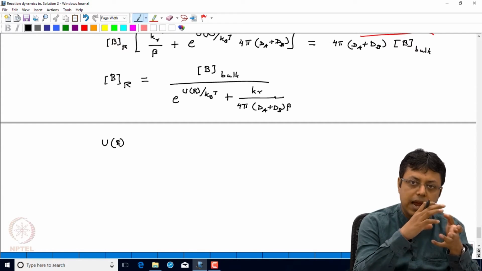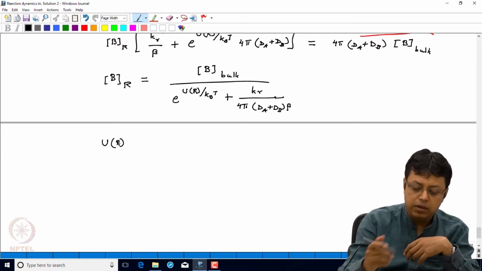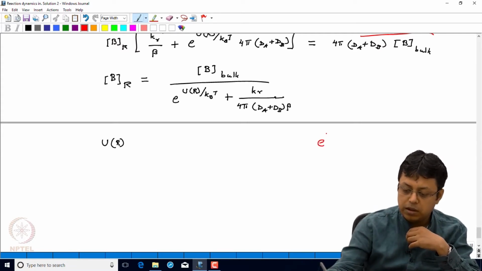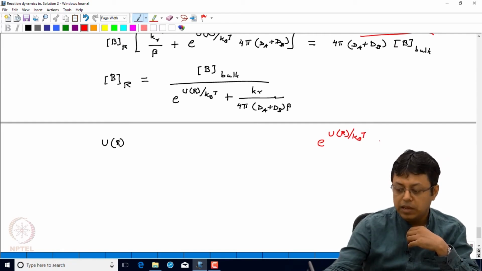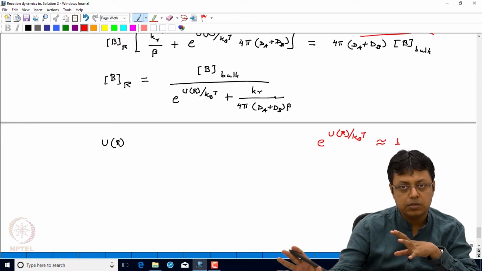So that value will be very small, and usually we can ignore that value, in the sense that we have an exponential, e to the power ur by kBT, and since that value is very small, we can approximate the exponential, truncated to the first term only. So we are just using it as 1 itself.